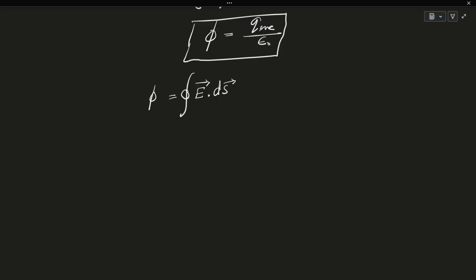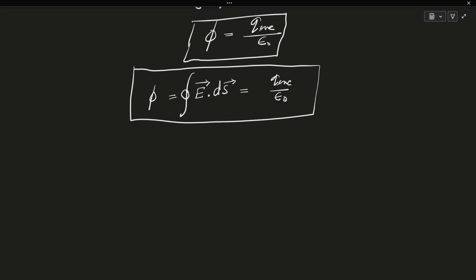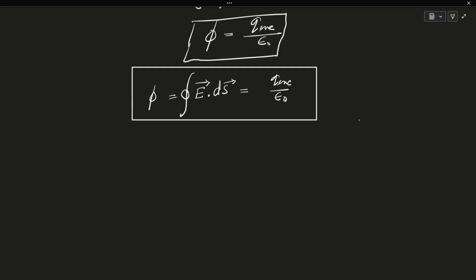That's why I am writing it as a closed integration. Its value will be Q enc by epsilon. So this is the integral form of Gauss law.